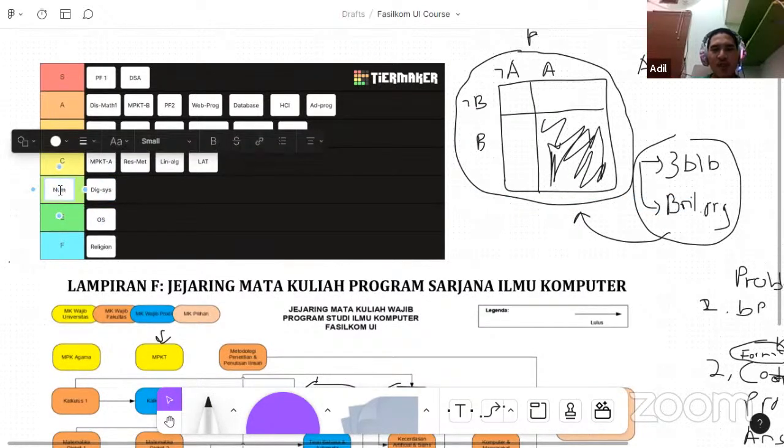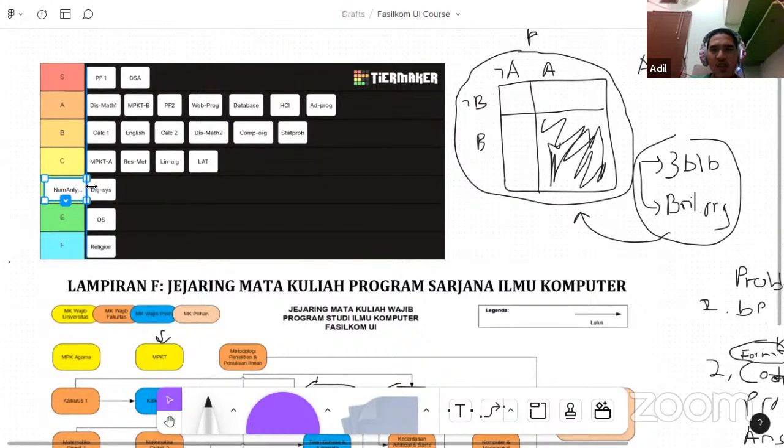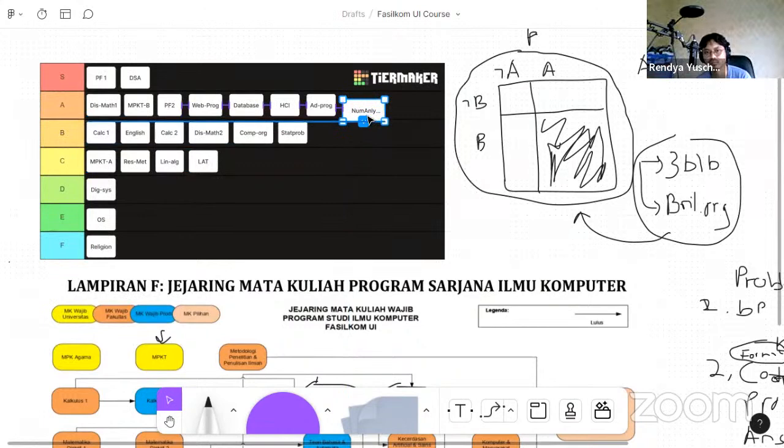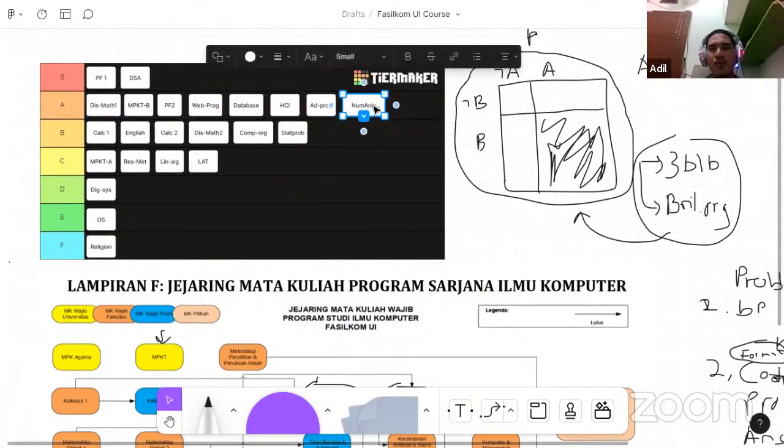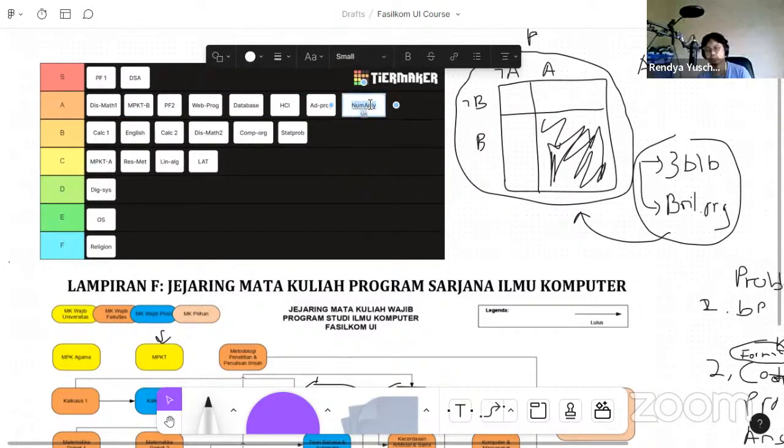But do you know that in the 1980s, or 1970s, the most popular topic in computer science courses was numerical analysis? Right now it is AI, the highest topic in computer science.